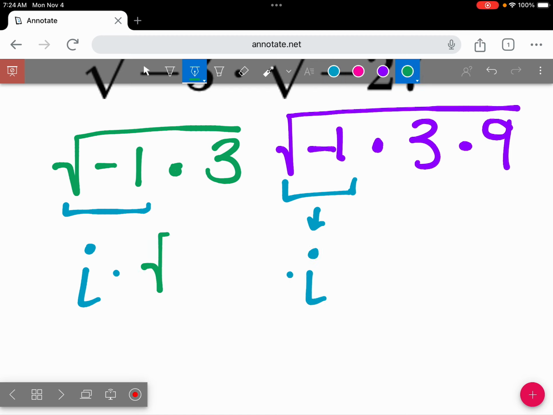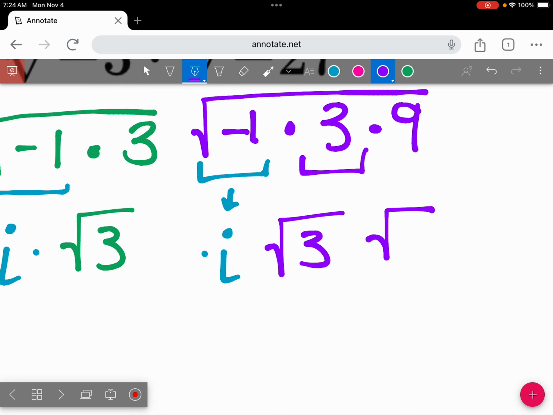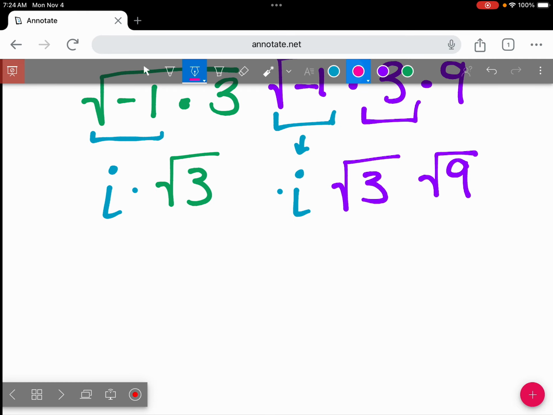I've got my square root of 3, he can't really go anywhere. Squared because there's 2. Ooh, but I've got a whole nother square root of 3, so we can either put it here like this, square root of 3, square root of 9, or we can realize that that is indeed a square root of 3 times the square root of 3, which means I have square root of 3 squared, along with an i squared, and our square root of 9.